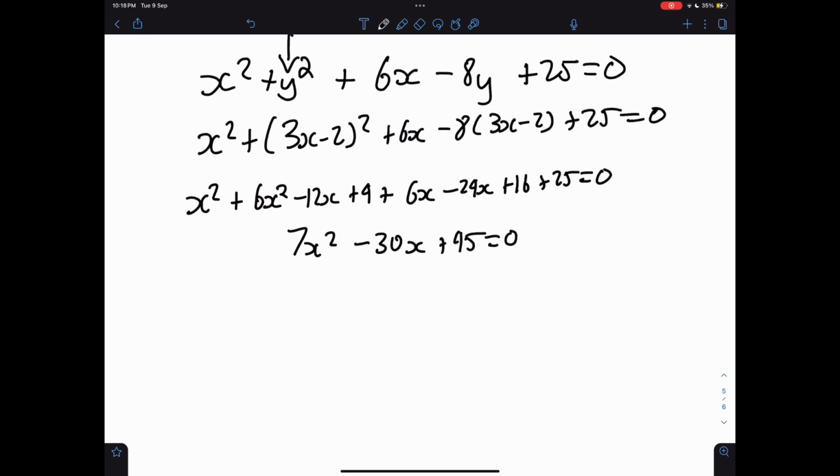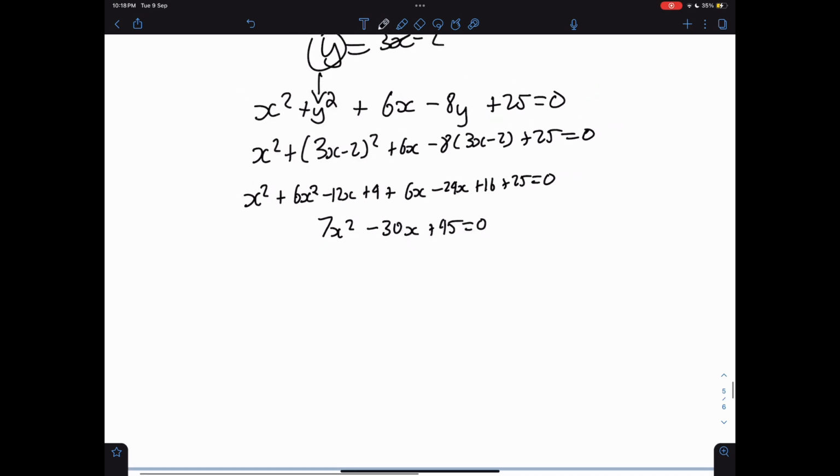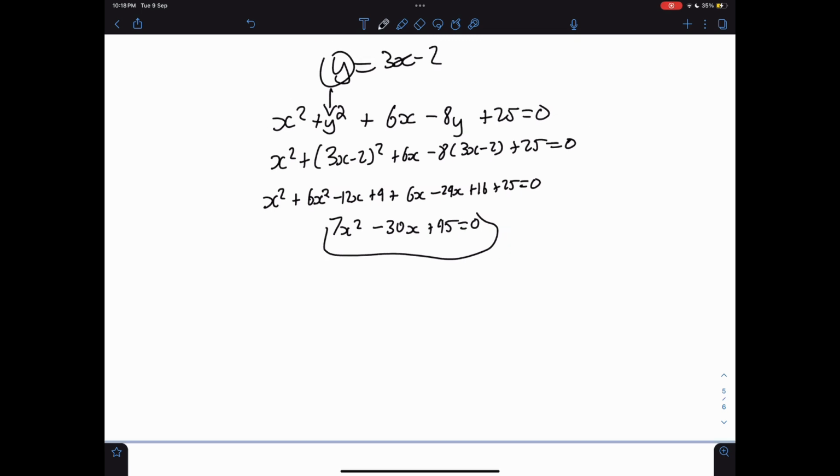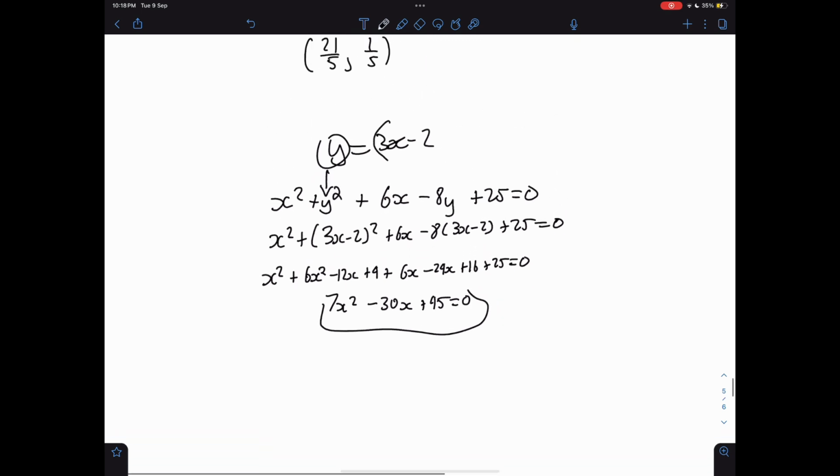I don't know if that factorizes or not. We could certainly go about solving that, but essentially you would solve that and you'll probably get two answers. So you'd have to individually put them back into 3x minus 2 to get two different y values, and then you would give two points of intersection.